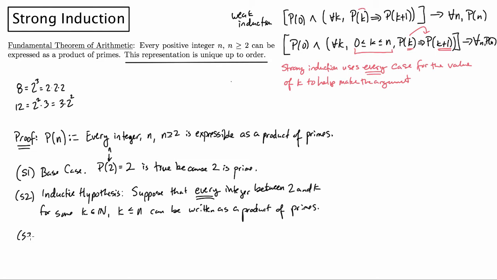And then step 3 is we need to now show that P(k+1) is true. That is, P(k+1), the integer k+1, is expressible as a product of primes.